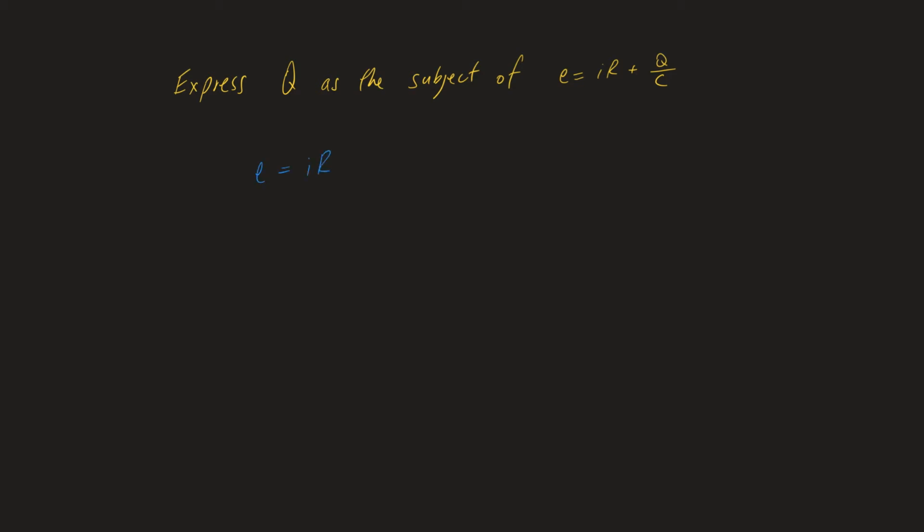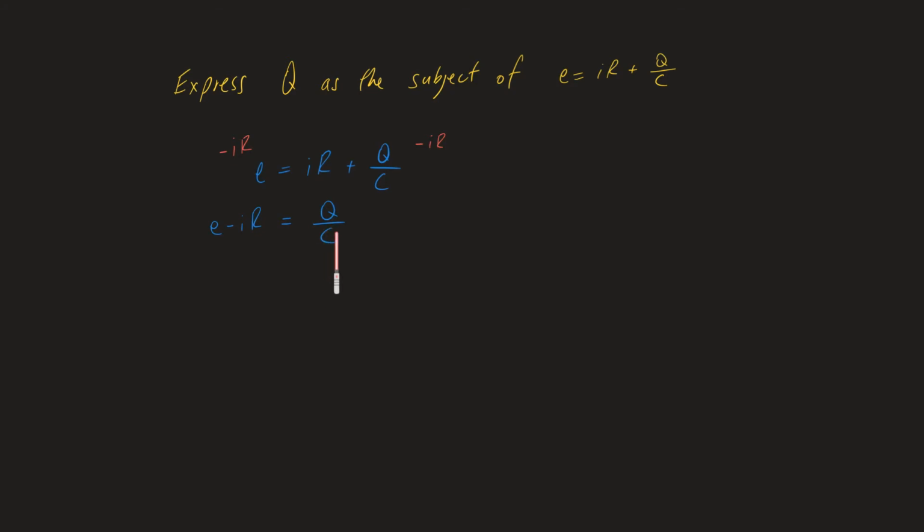So I'll write my formula down again. What I'm going to do to begin with is move that IR to the left-hand side of the equation. To do that, I need to subtract IR from both sides. And that will give me E minus IR equals q over c.